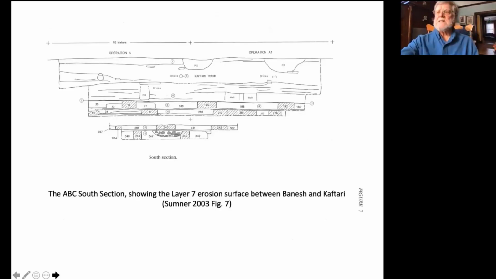And this shows why Sumner thought there was a gap. This is the ABC South section, and this level right here, level 7, is a very well-developed erosion surface. It has gravel and pebbles on the top. It looks like a deflationary surface.